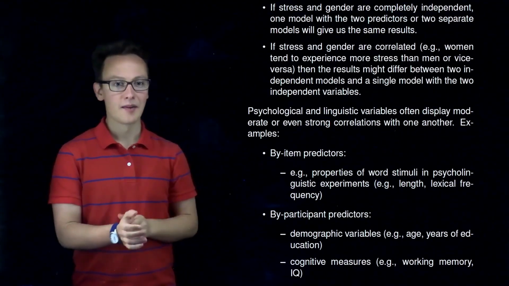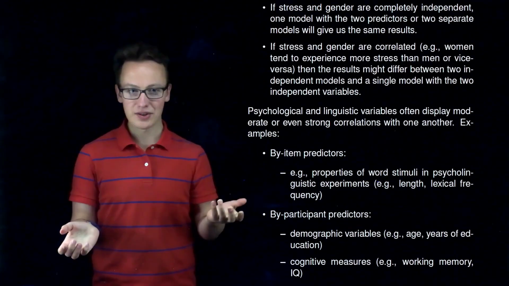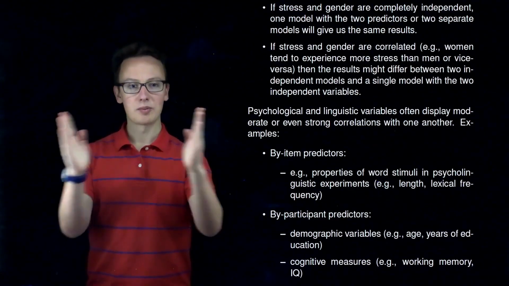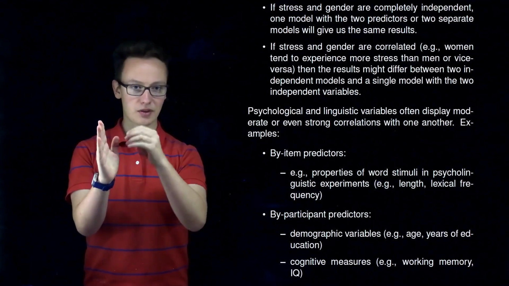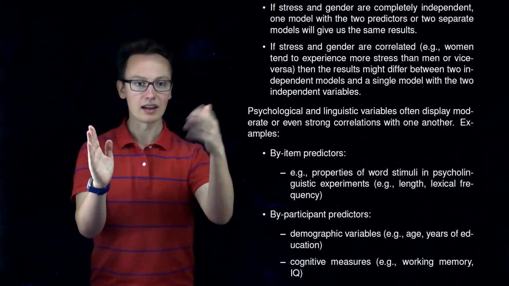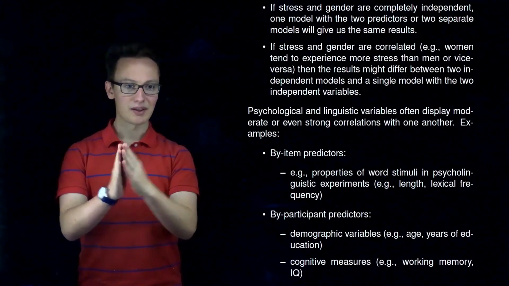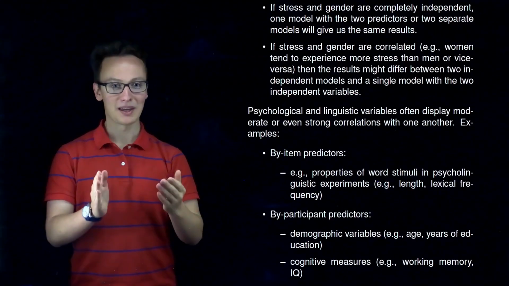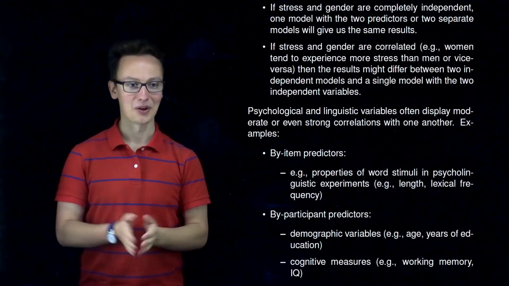Because in the end, there's a strong correlation. It's not a perfect correlation, of course, but a word being shorter is often associated with it being more frequent, like the and a, and a word being longer, like independent, is not so frequent, quite a rare word.